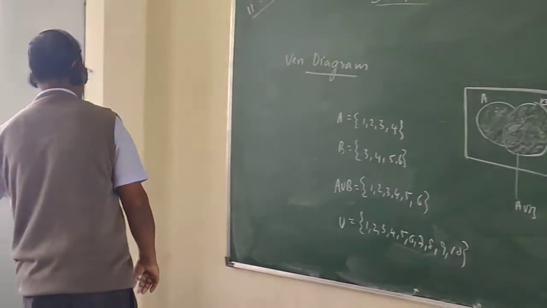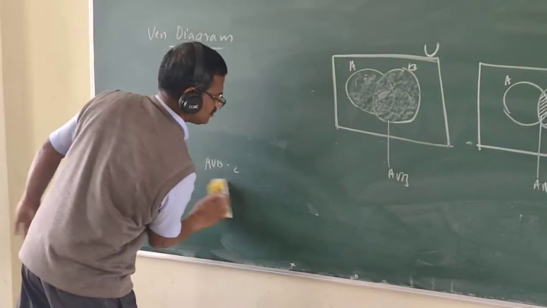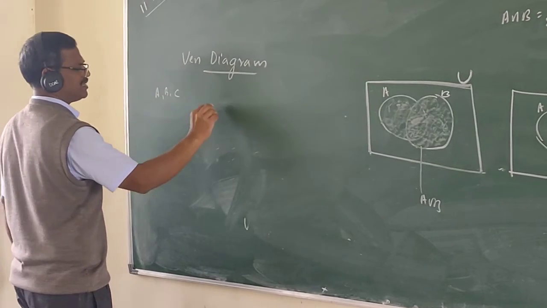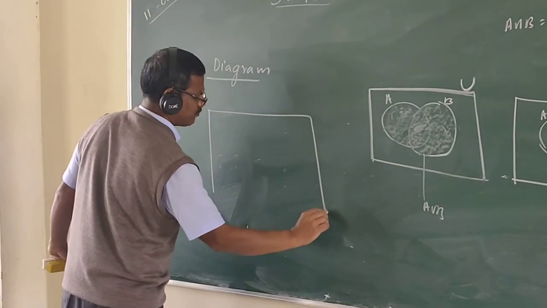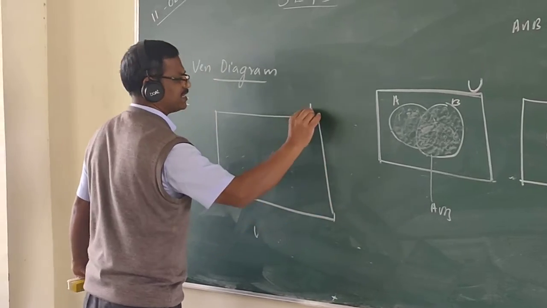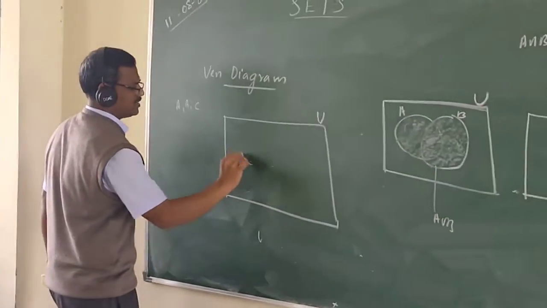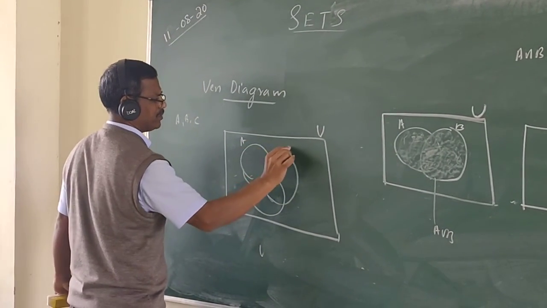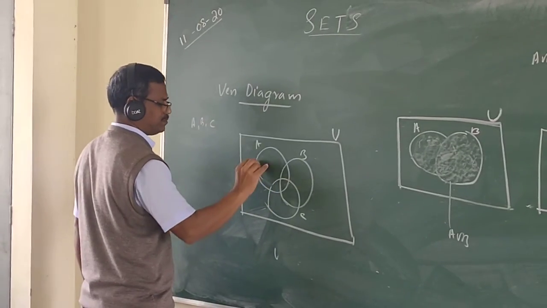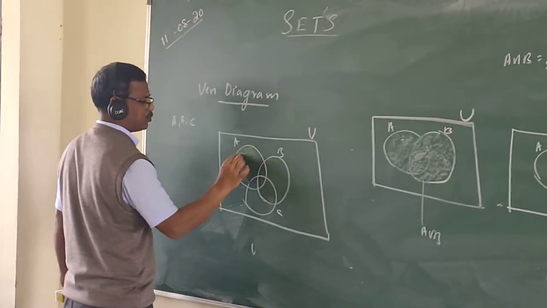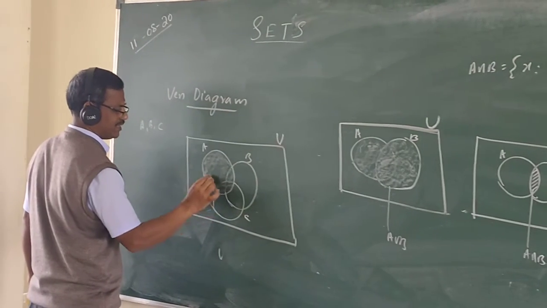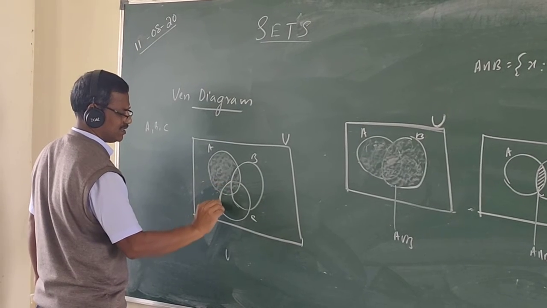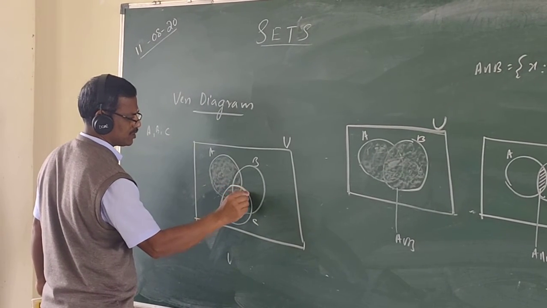Now one more example if you take. Suppose A, B and C are three sets. So always there will be a universal set for that, a superset for all these which contains them. I put that one. So there is A, B, C. Now, this portion is A. I could have taken some color chalk to show it.